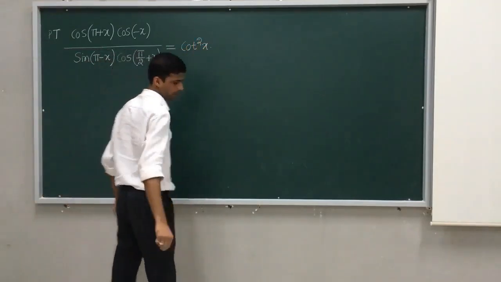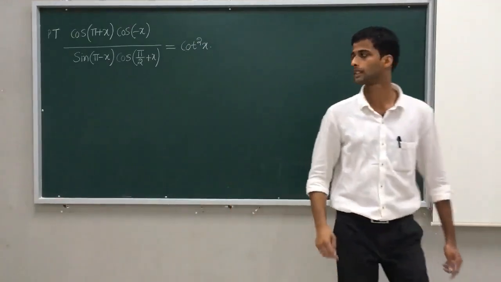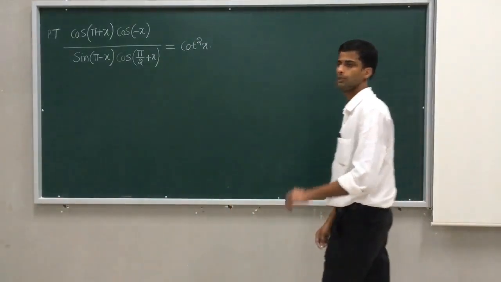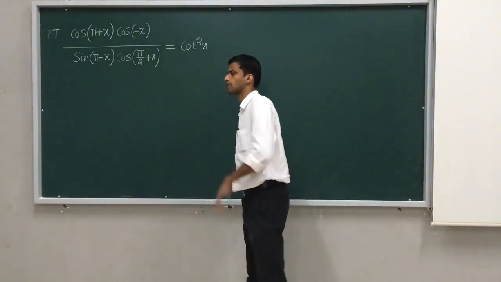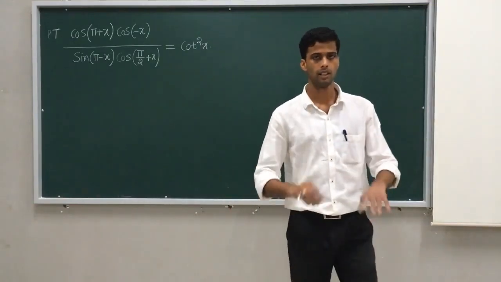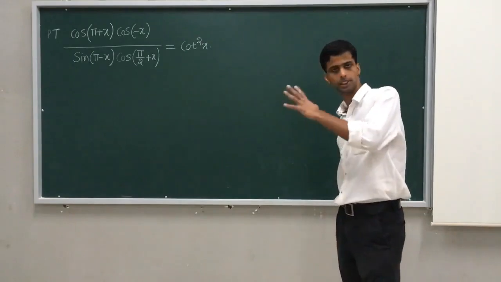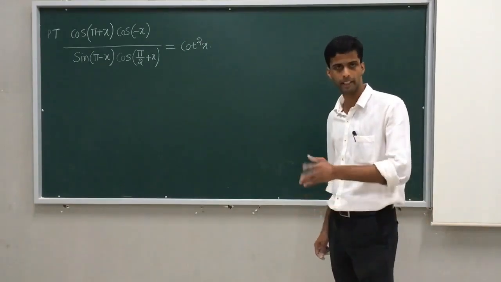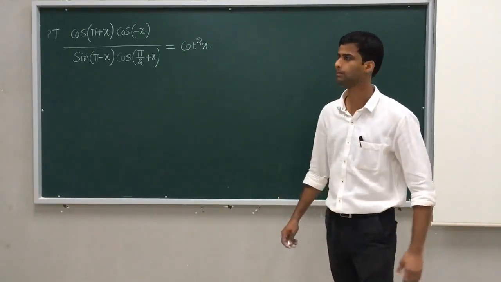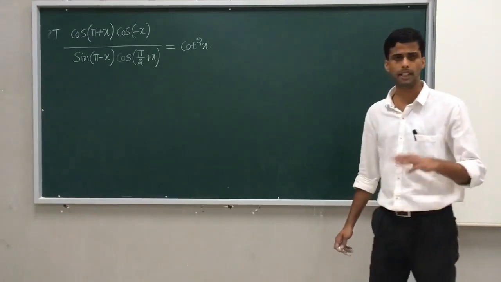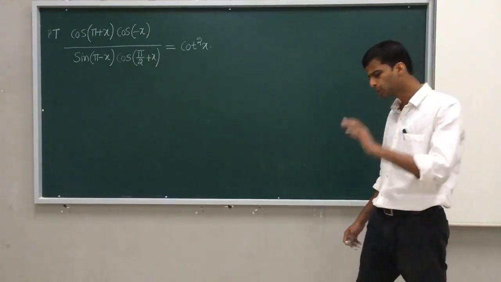See, one more problem. Again, very interesting. I want the answer in cot square x. It is a bunch of cos, sin, cos. It will be difficult for me to apply the previous method here. Let me use some usual techniques.